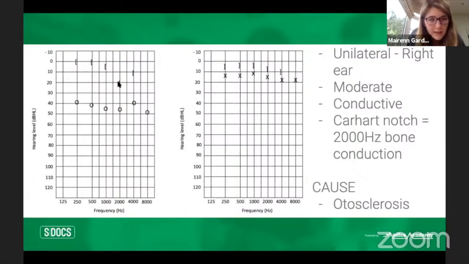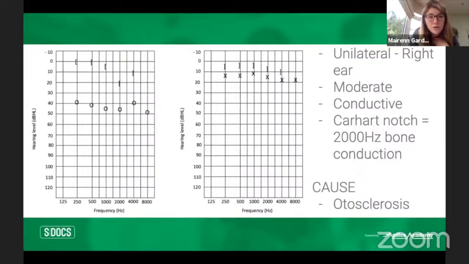And something here that is quite subtle but useful to notice is that there's a peak decrease in bone conduction at 2000 Hertz. So this is something called the Carhart notch, and is quite indicative of otosclerosis. So it's something that's important to just try and remember for any MCQ questions that come up.